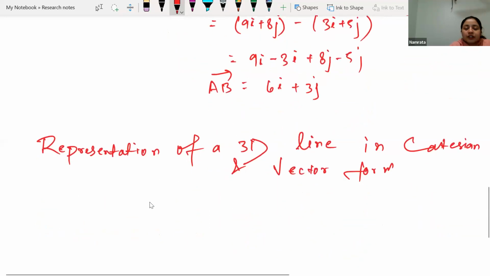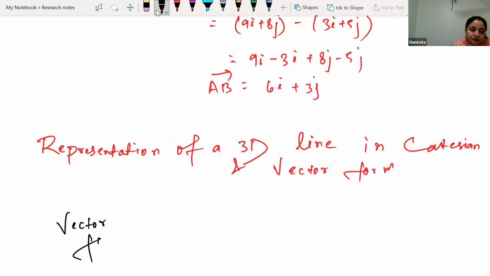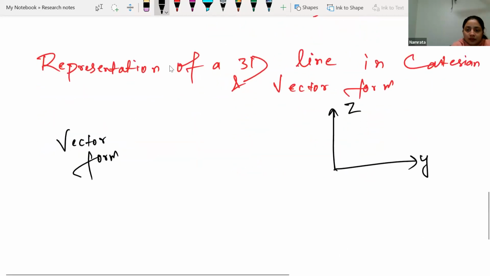So let's start with vector form first. In vector form, it will be like the previous one. The only difference is that here the coordinates will be in 3D form, like x comma y comma z.